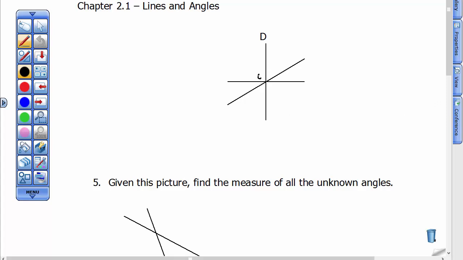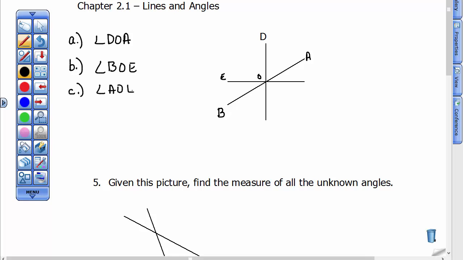I'm going to put O as the vertex right here, A is right here, B is right here, E is right here, and what I'm asking you to find again is the size of angle DOA, the size of angle BOE, and the size of angle AOE, all of that with the fact that this is a right angle, these are perpendicular lines, and that this angle is 25 degrees. I'm going to try to rewrite that. Again, this angle is 25 degrees.